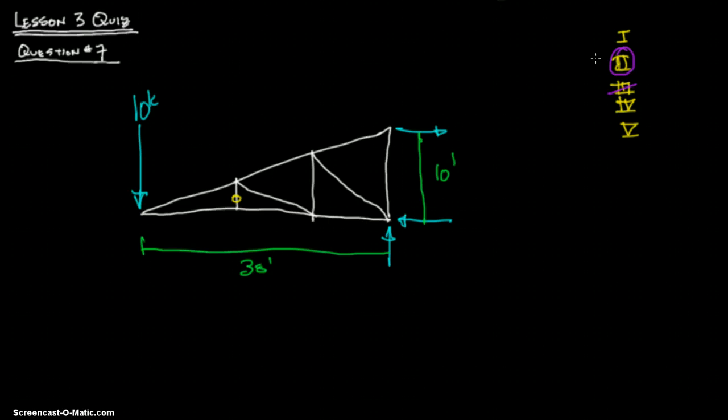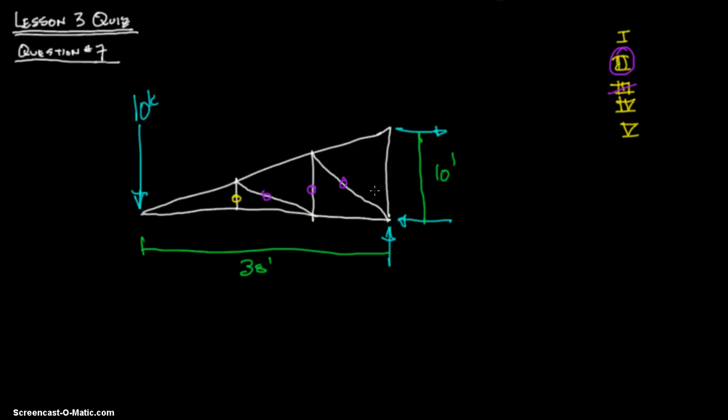Alright, moving on to number 4. It says all the diagonals have 0 stress. Well, we're not 100% sure about that. That's a possibility. And then it says all the verticals have 0 stress. Well, that's another possibility. If these diagonals end up having 0 stress, then if you look at it, you have the same situation as you do here, and that would be 0.